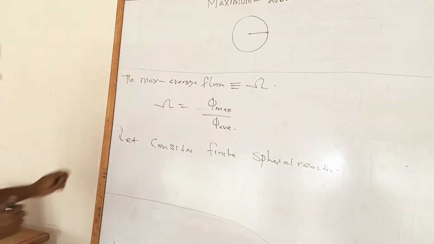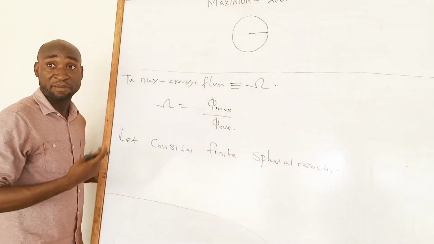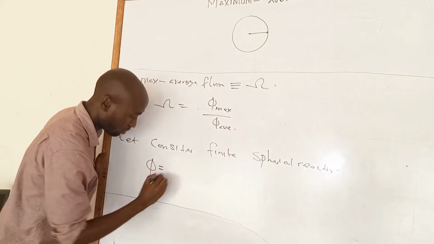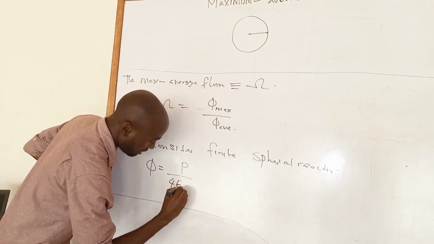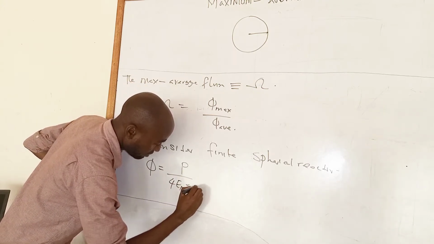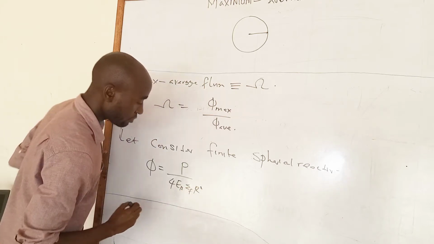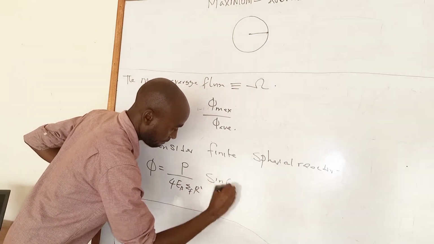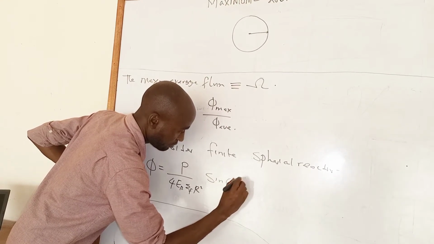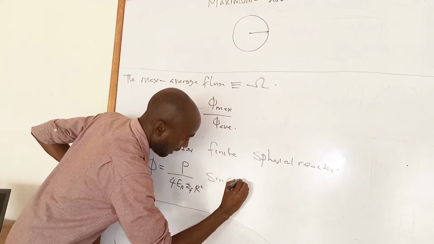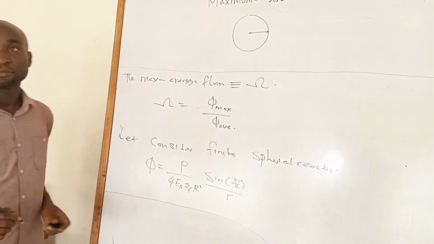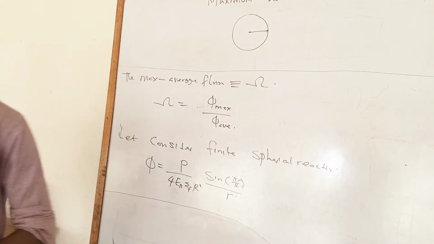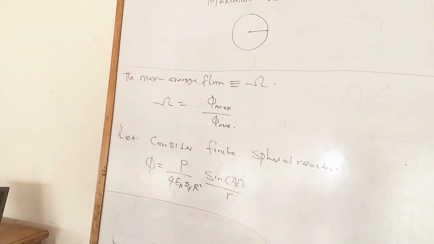We know that the formula for flux in a spherical reactor is given as phi is equal to P over 4 ER EF r squared times sine pi r over R. This is the complete equation for flux distribution in a spherical reactor.